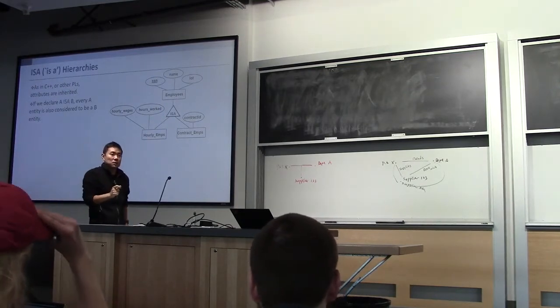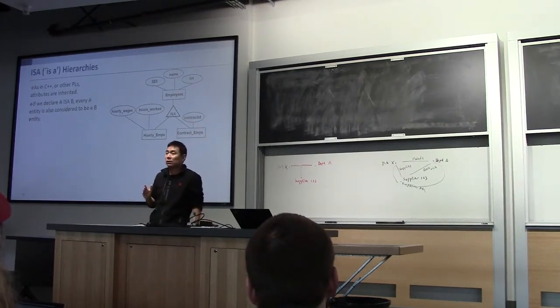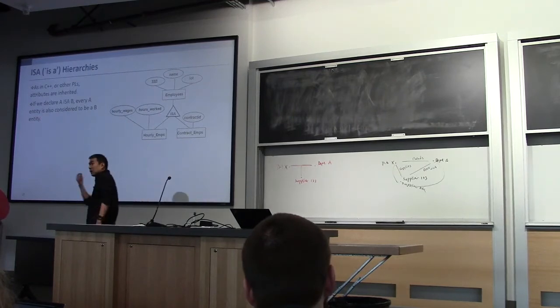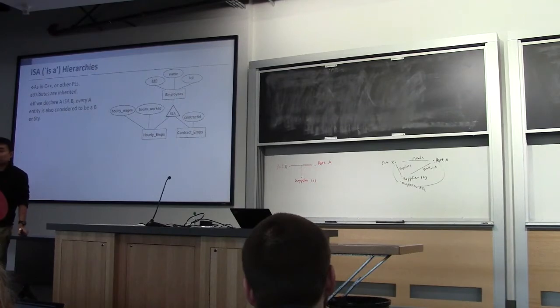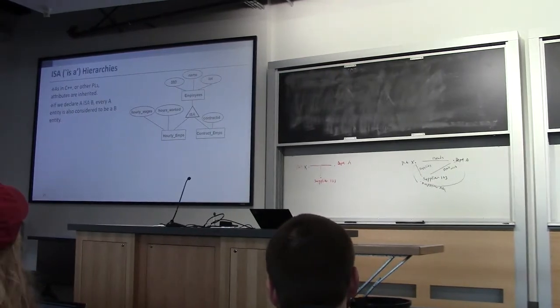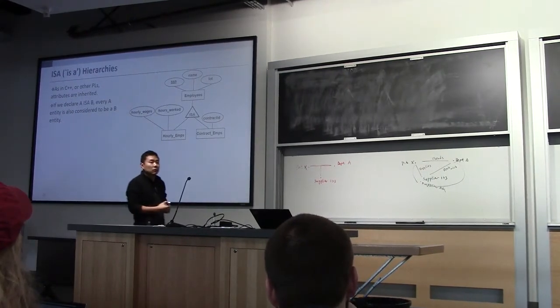In addition to that, I have class-specific attributes that I care about for different classes or different categories. For hourly employee, I care about their hourly wages, and the number of hours they have worked for the organization. For contract employee, I only care about something called contract ID. Of course, this is kind of like an artificial example, right?